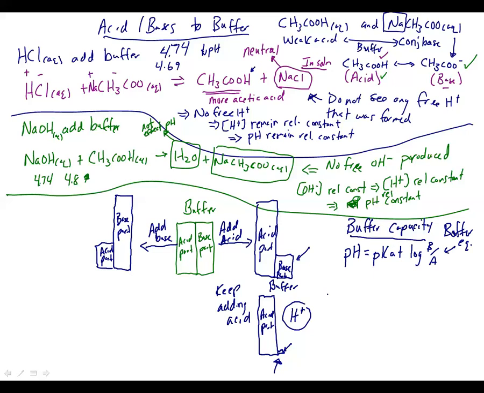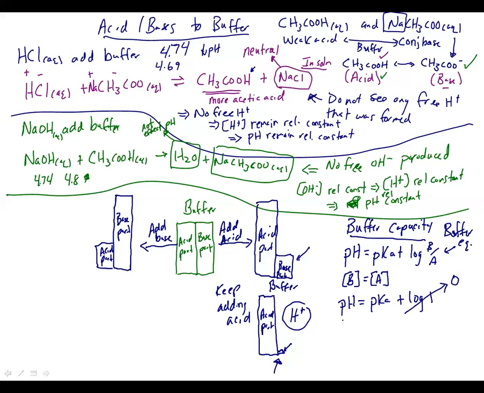And if you make the concentration of the base the same as the concentration of the acid part in the Henderson-Hasselbalch equation, that would give you pH equals the pKa value plus the log of 1, if they're equal to each other, right? And the log of 1 will equal 0.